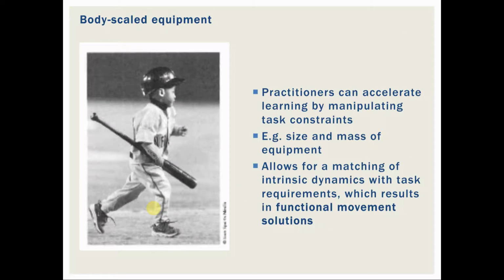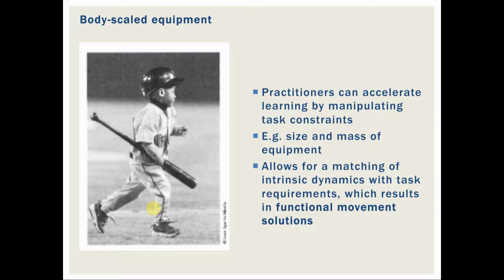Another thing that can be used to match the intrinsic dynamics of learners is something called body scaled equipment, right? So practitioners can accelerate learning by manipulating task constraints such as the size and the mass of equipment. And it allows every learner to match their intrinsic dynamics with the task requirements.